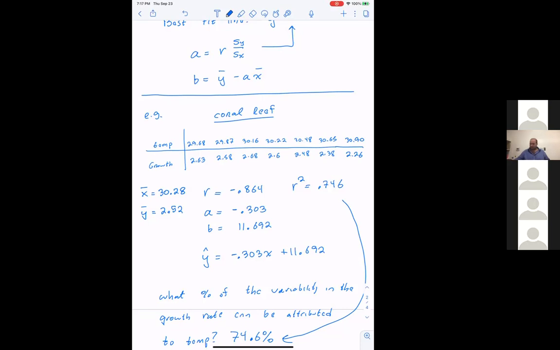What do you notice about that point? Anyone?